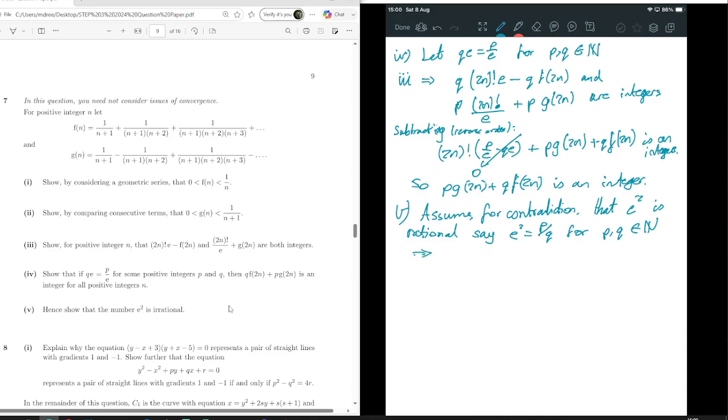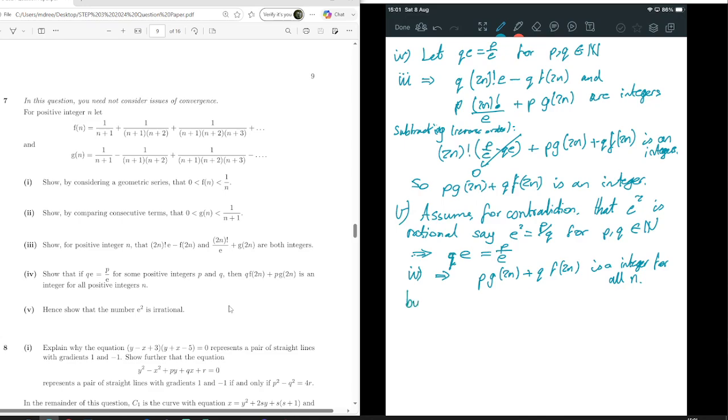Well, that means by rearranging this, multiply up by the q. Sorry, the pen isn't doing quite what it should. Which then part 4 means that pg2n plus qf2n is an integer for all n's. That's exactly what part 4 gave us.